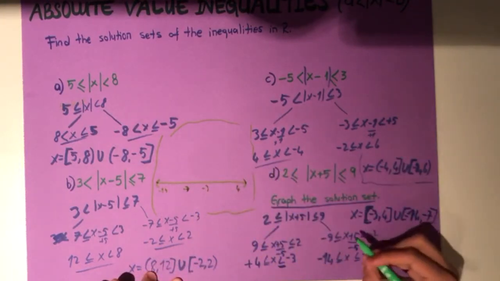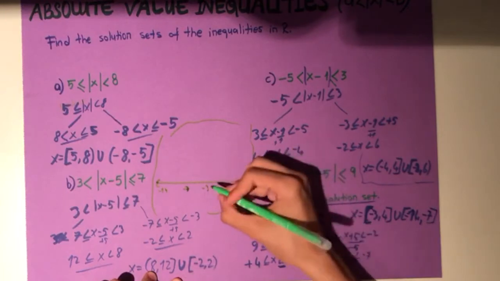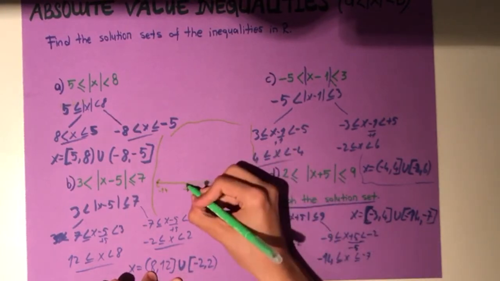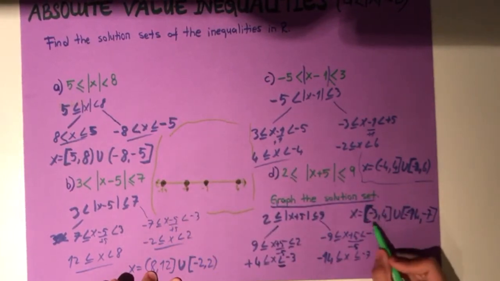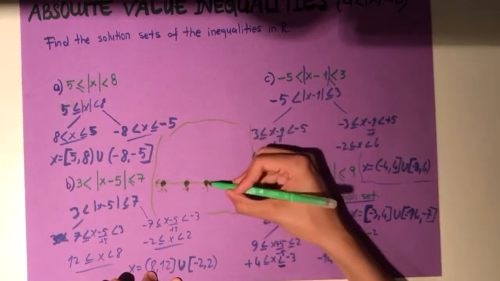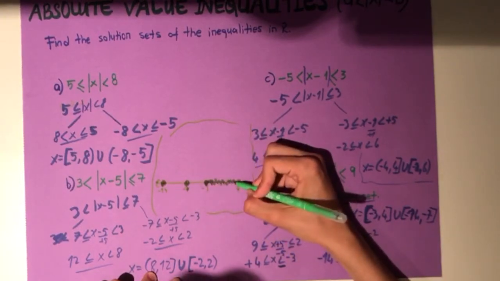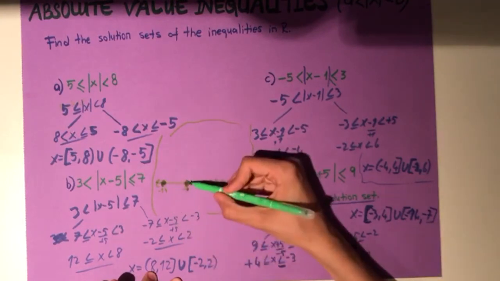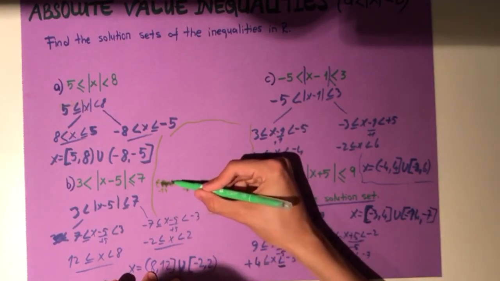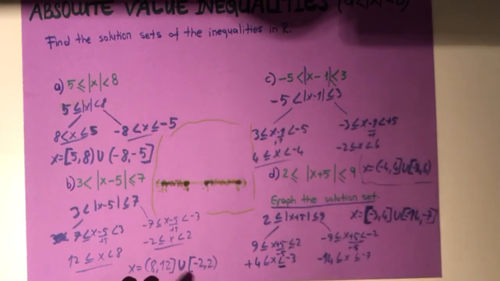Because all of them are closed, we're doing this. And then it says between minus 3 and 4, and they're included, so first of all this, and then minus 14 and minus 7, and both of them are included, so this is how you graph this.